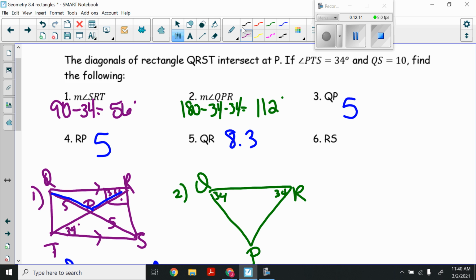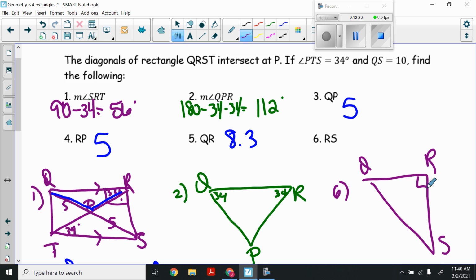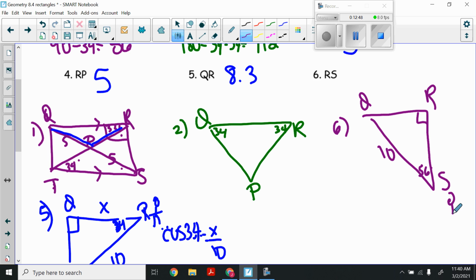So now number 6 wants RS. So for number 6, I'm going to draw this triangle here. So this is Q, this is R, this is S, this is my 90. Now I know that this angle S down here, so if this was 34, that means that was 34. This is going to be 56 down here. So this is my 56 degrees down here. Again, I know that my diagonal is 10. So I can stand down here at this angle, again using SOHCAHTOA.